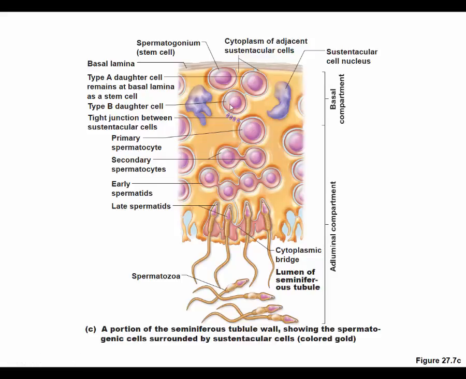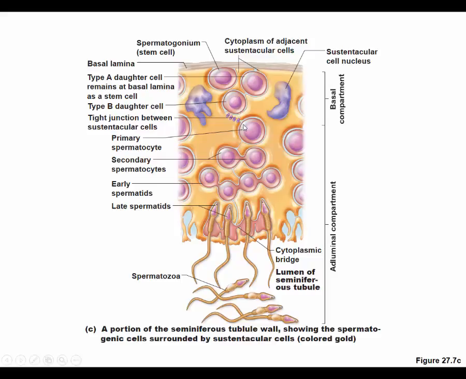They call it a daughter cell, from mitosis of this cell. If this cell undergoes mitosis, wouldn't I have two? Mitosis means two cells that are each 46. Would everybody agree with that? So this one is going to stay. The type A daughter cell stays here to keep that DNA for future sperm. And this one is going to come down and divide and leave the edge of that seminiferous tubule.